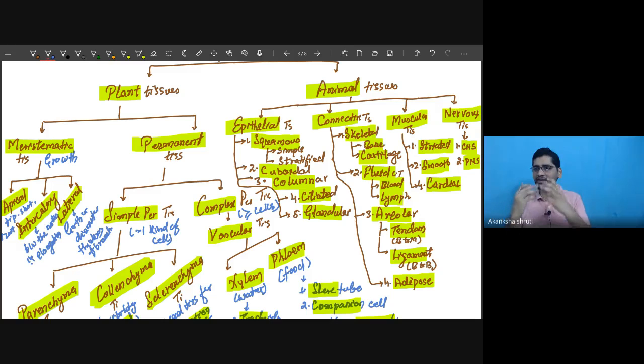Muscles are packed beneath the inner skin also, like the inner skin of the mouth, esophagus, our stomach, everything. So the muscle remains in between the inner lining in our body and the outer skin.